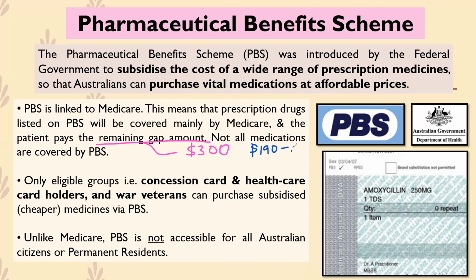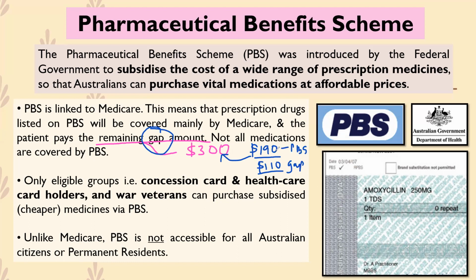Okay, that's covered by PBS. And so what happens is that the patient has to just pay the remaining gap amount. Gap is literally the amount that you need to pay out of your pocket after the government has funded or covered some part of that cost for you. So if the government covers $190 of the $300 medication, that means you only really need to pay $110 out of your pocket as the gap payment.